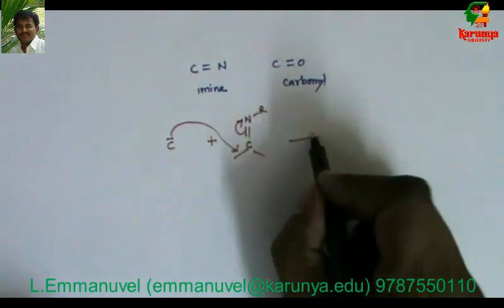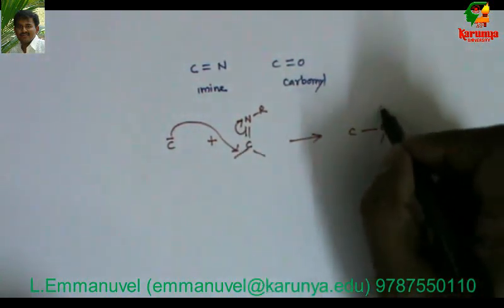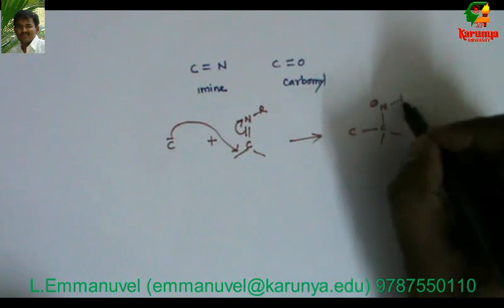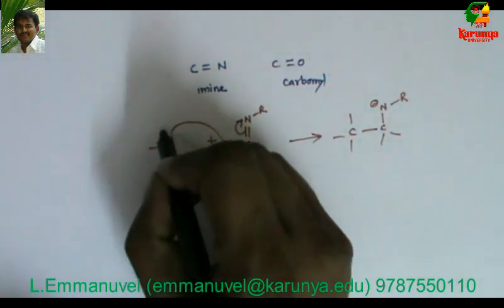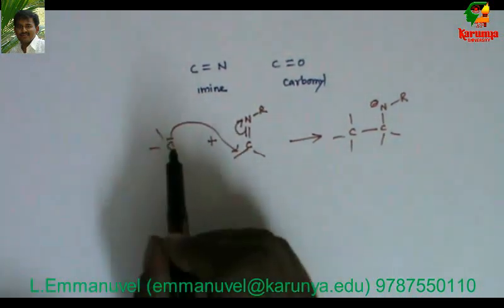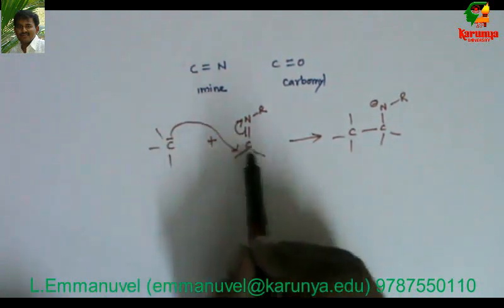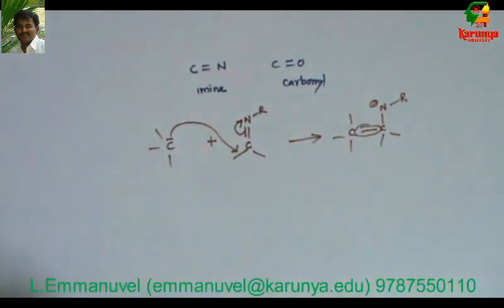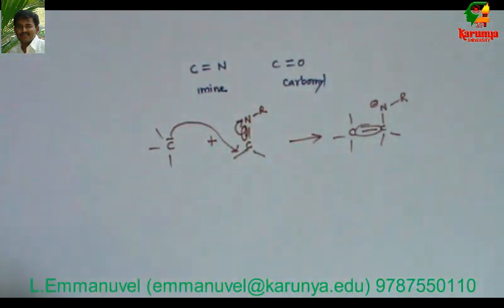This bond goes over to nitrogen and we get a minus charge there. So we get this. The minus charge is used to make a bond between this carbon and this carbon, and this bond migrates over to nitrogen.